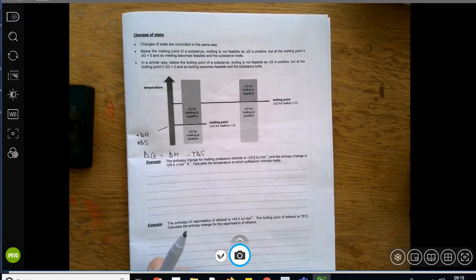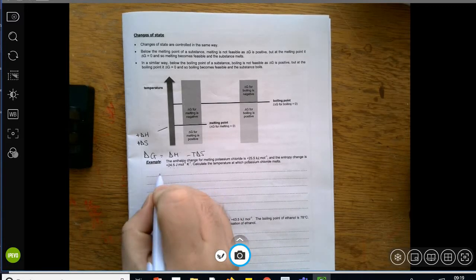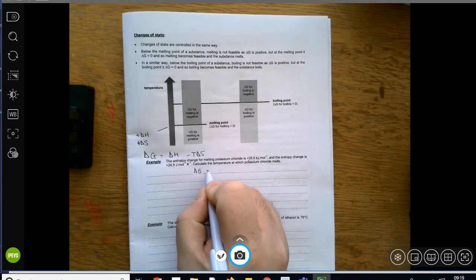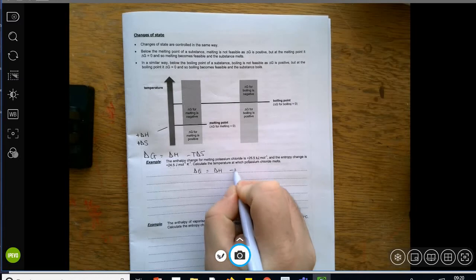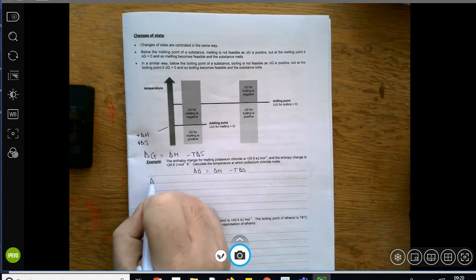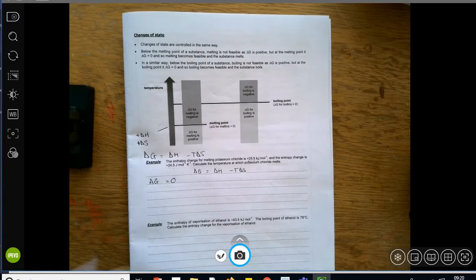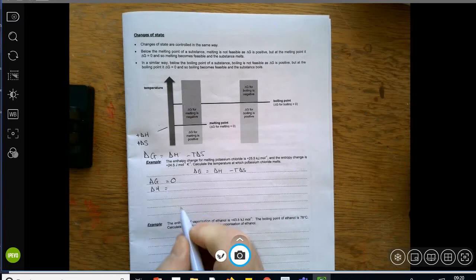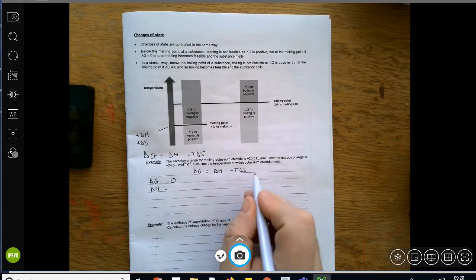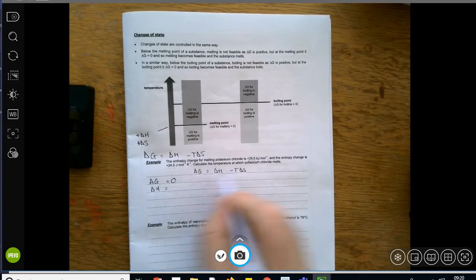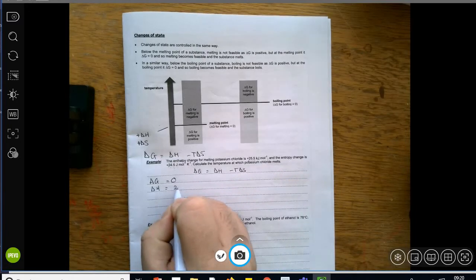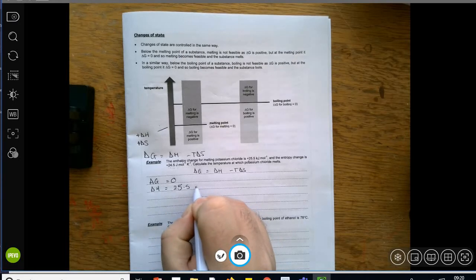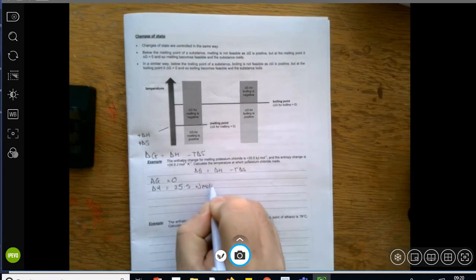Notice the difference in units. So for the first one, I'm going to write down the equation, delta G equals delta H minus T delta S. Delta G has got to be 0, because otherwise it's not feasible. Delta H is equal to 25.5 kilojoules per mole.